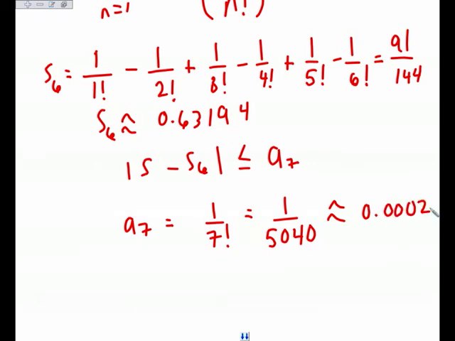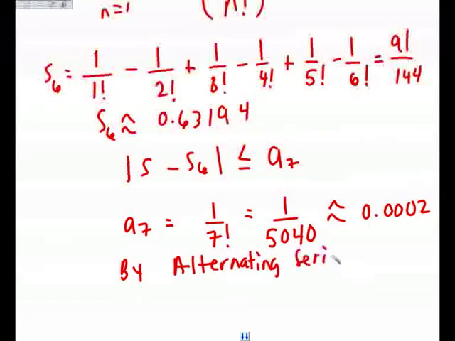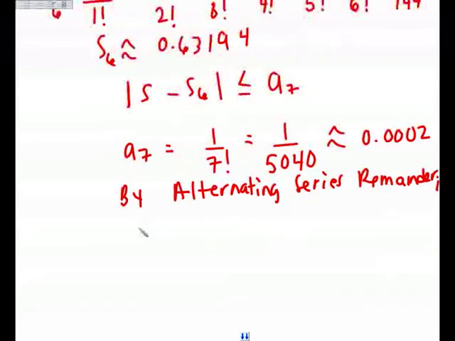Okay, so here's where it gets kind of fun. In fact, this next part is going to feel a little bit like we're going back to our Algebra 1 days. What we're saying here, by the alternating series remainder, is that the absolute value of our sum of the whole series minus s sub 6 is going to have to be less than or equal to 0.0002.